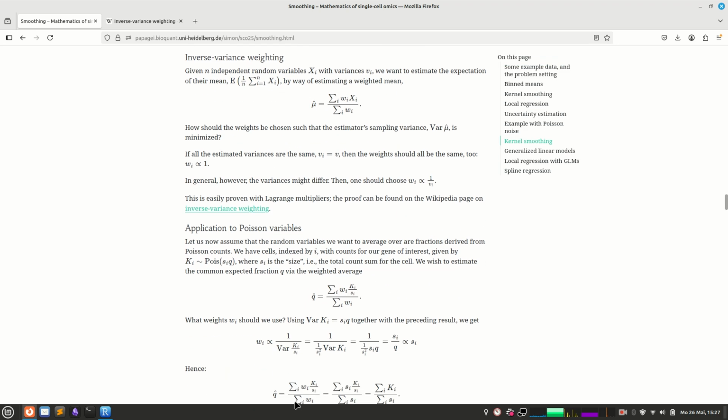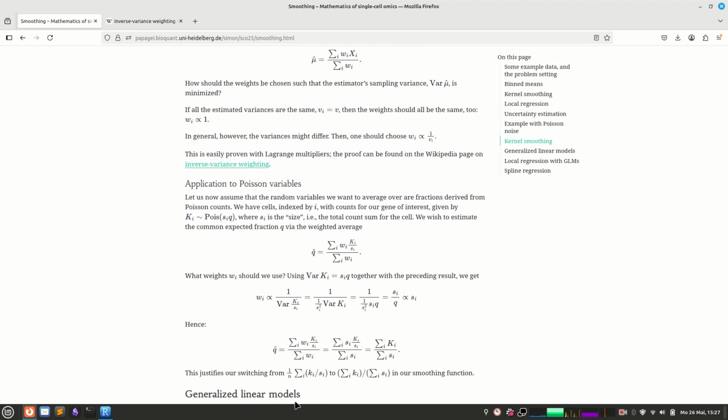Theoretically, I try to always say I use capital letters for random variables, and I use small letters for either constants or for realized random variates. So capital K is the random variable, and small k is the actual observed random data value.